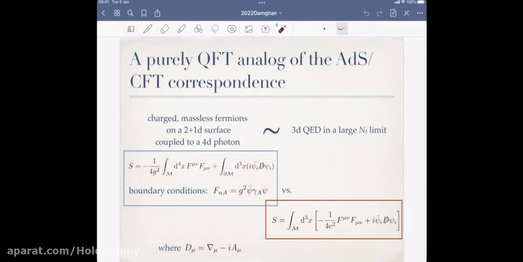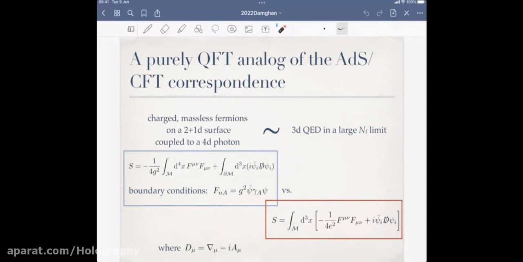This is very much like graphene, where you have a sheet of carbon atoms on which the electrons are constrained to move, and they interact via photons that are ambient in the 4-dimensional space. There's going to be a boundary condition that encapsulates this interaction, where the tangential component of the field strength interacts with the charge current of the electrons.